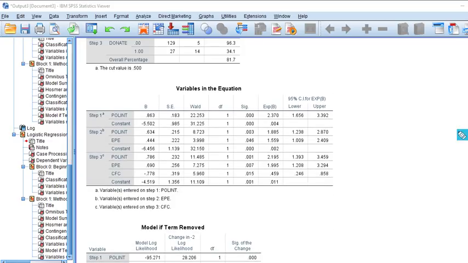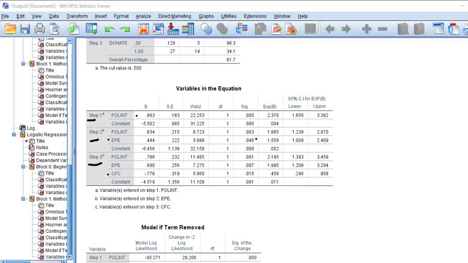Now, if we look at the variables in the equation, step 1 just includes the political interest variable. That was the most significant, I guess you could say. Step 2, we added in external political efficacy, which was a significant predictor. And then step 3, we added in CFC on top of that.